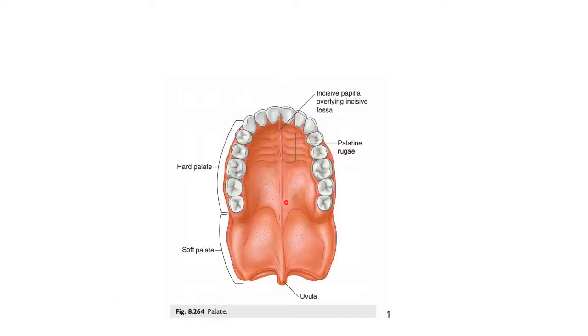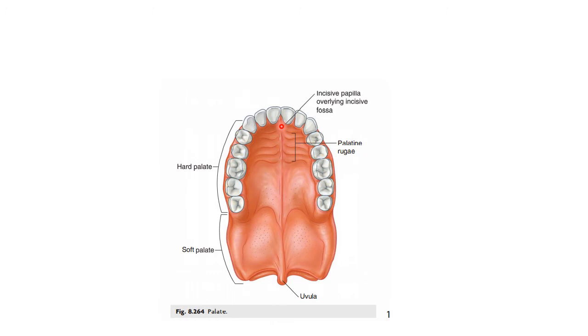The mucosa of the hard palate in the oral cavity has numerous transverse palatine folds called the palatine rugae, and a median longitudinal ridge called the palatine raphe, which ends anteriorly in a small oval elevation called the incisive papilla.